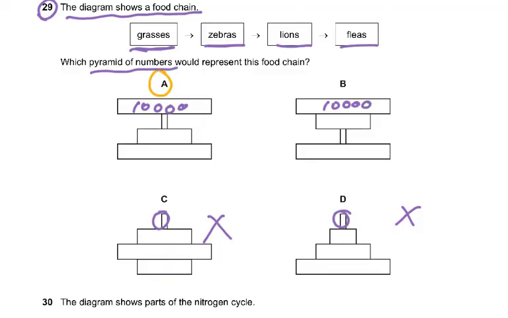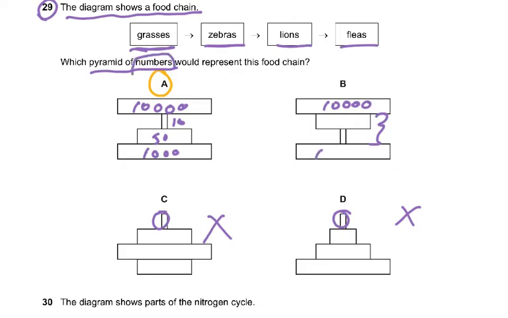Say you had 1,000 grass plants. Now, how many zebras do you have on that? Maybe 50. And then how many lions do you have? 10. And then you have 100,000 fleas living on those lions. So this is why this was wrong here, because you see, it's a pyramid of numbers.